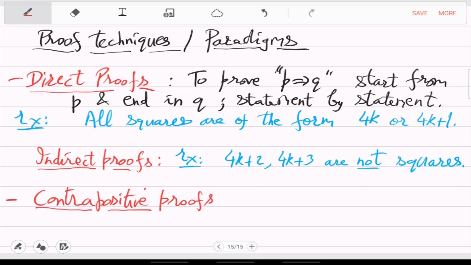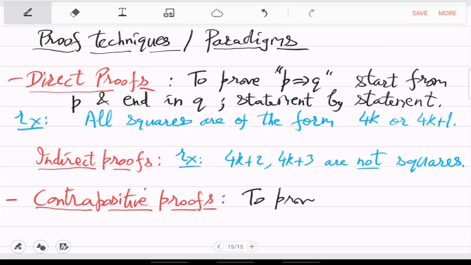Have you heard this term? What is that? Yeah, so to show P implies Q, you assume negation Q and get to negation P. So we write it like this.